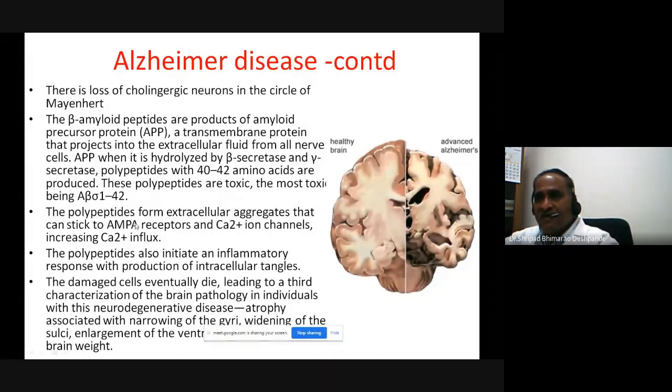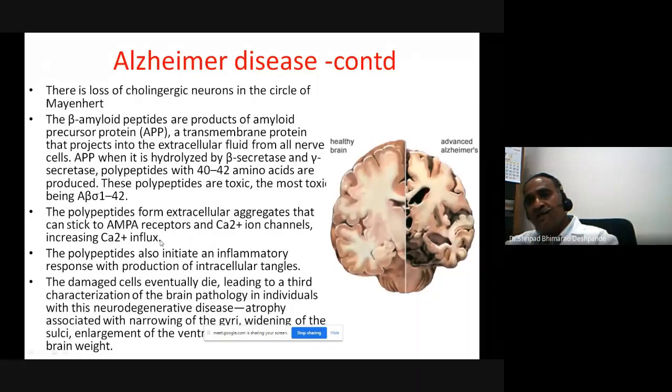And at the same time, the neurofibrillary plaques, the amyloid beta plaques, are produced. They aggregate, and they will activate the AMPA receptors, that's a glutamate receptor, and also the calcium ion channels, so there is calcium influx.